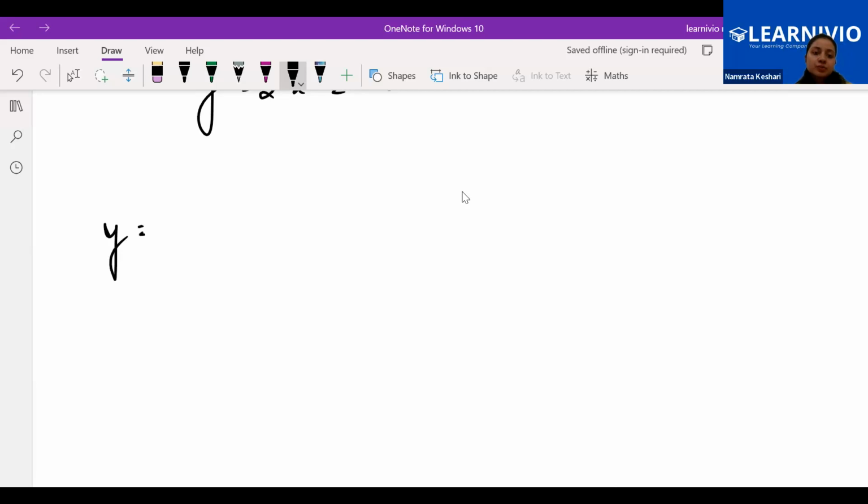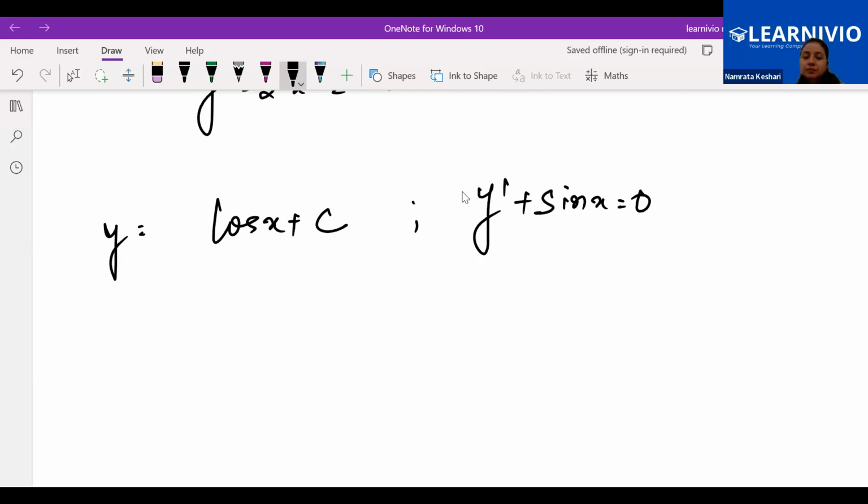Y is equal to cos x plus c. Y dash plus sin x is equal to 0. We have to check it.